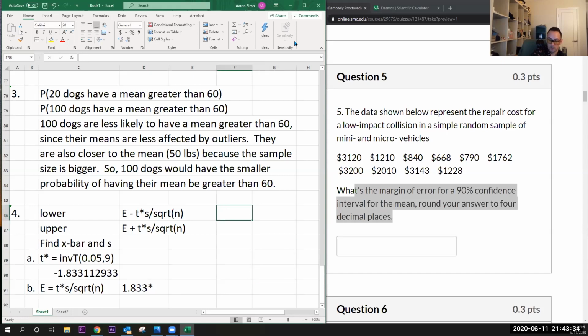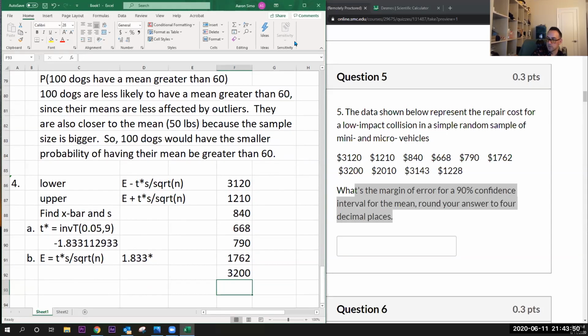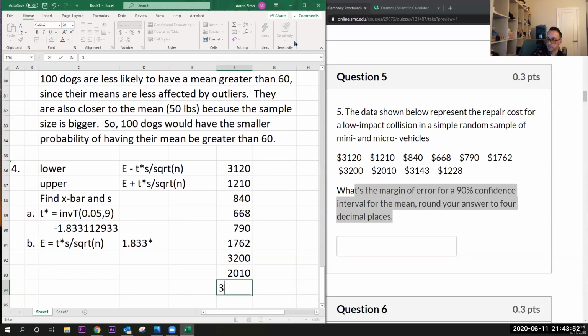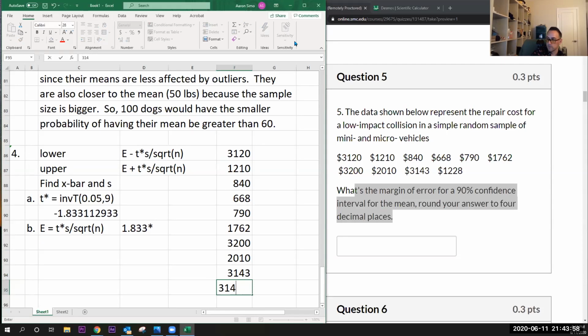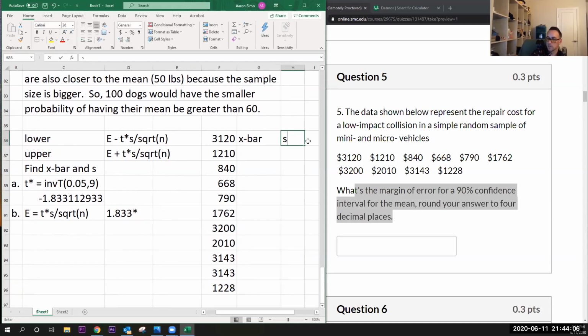So you can actually say 3120, 1210, 840, 668, 790, 1762, 3200, 2010. I love Excel. Don't have to mess with the calculator. 3143, 1228, because I can get X bar and S. This equals the average.